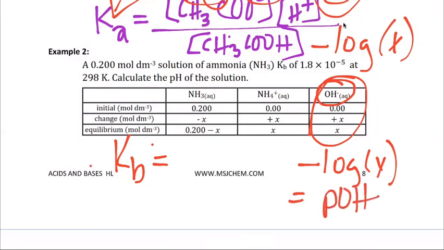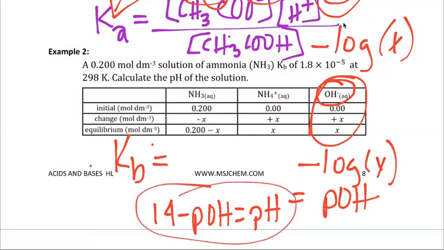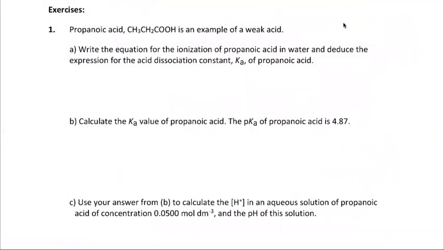After you do that, you have to do 14 minus that pOH to get to pH. So if you have weak acids, you just solve for x, take the negative log of x, and that's your pH. If you have weak bases, once you do the negative log, that's pOH because it's a hydroxide ion concentration, and you have to do this extra step of subtracting from 14 to actually get the pH.